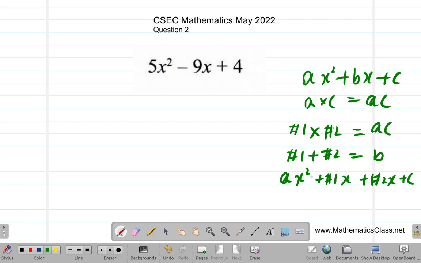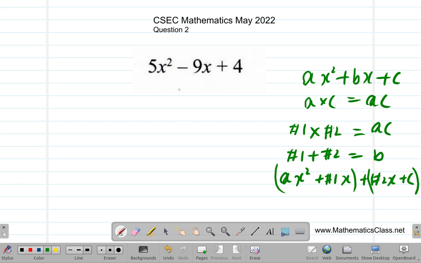Then you factorize ax squared plus number 1x, and you factorize number 2x plus c. You're going to get two parts of the expression added together. When I say added, it could be a minus sign there, so you're subtracting, but you get two brackets with the same things in them, and you factor that out.